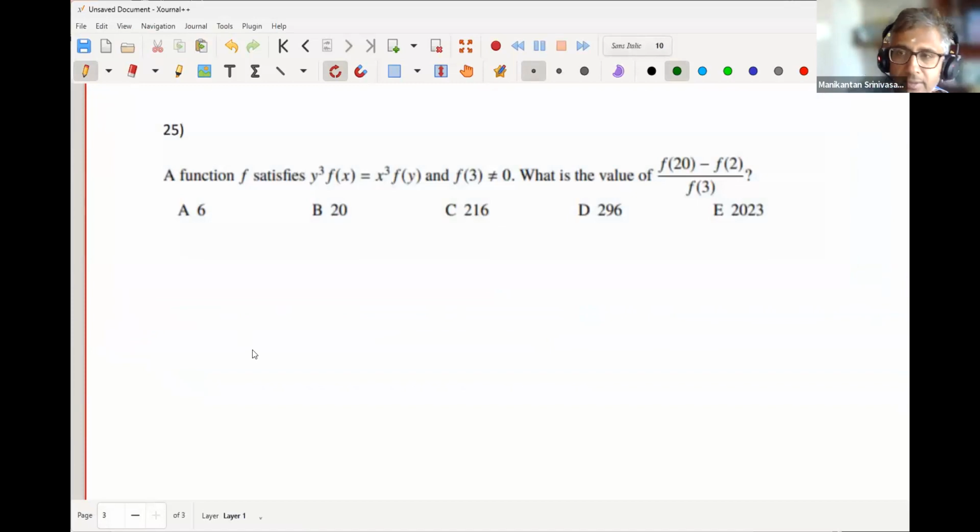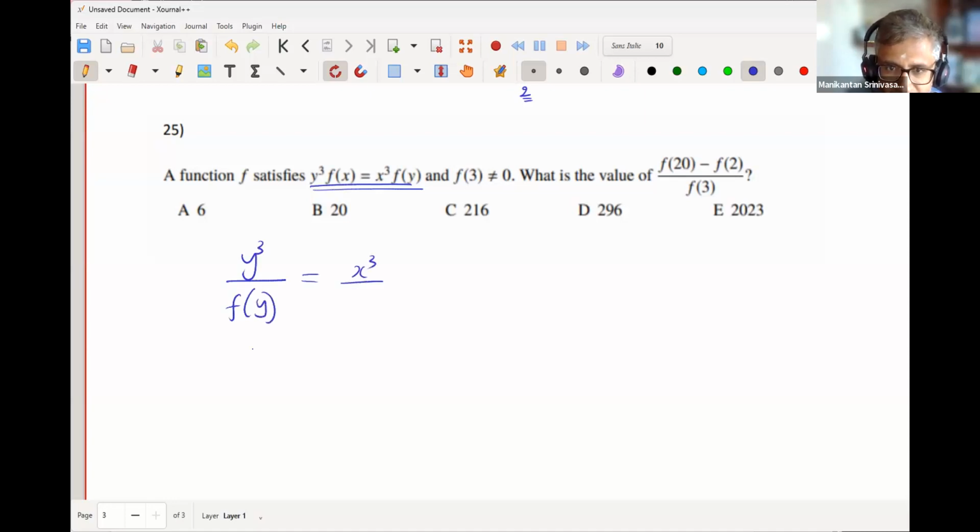25. Was anyone able to get it? Rohan, were you able to get 25? No, sir. Okay, Drishit. No, sir, didn't get that. Okay, it's actually a fairly easy question. So y cubed f of x equal to x cubed f of y. What does this mean? So y cubed divided by f of y equal to x cubed divided by f of x. Which means what?